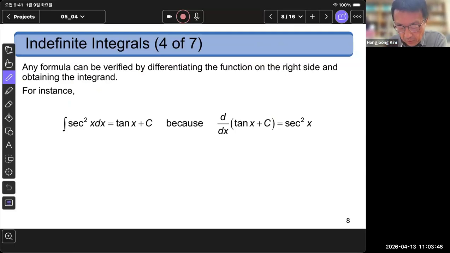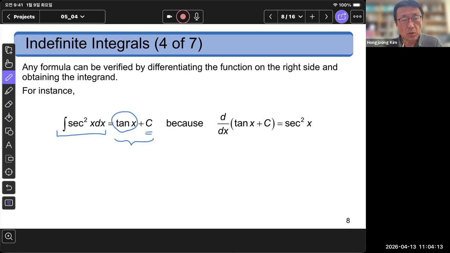So if I ask you this, even though tangent x is one of the antiderivatives, you must add c to represent all the possible antiderivatives, or in other words, a family of antiderivatives.